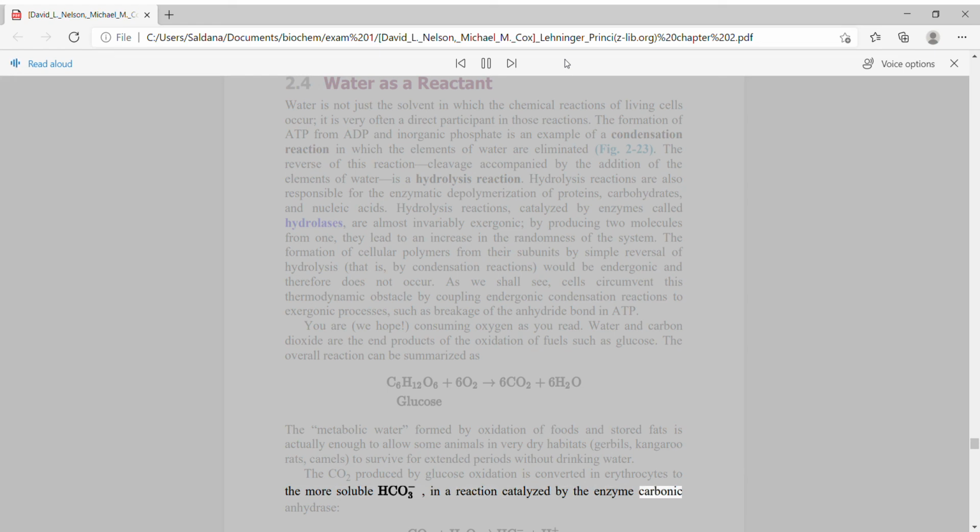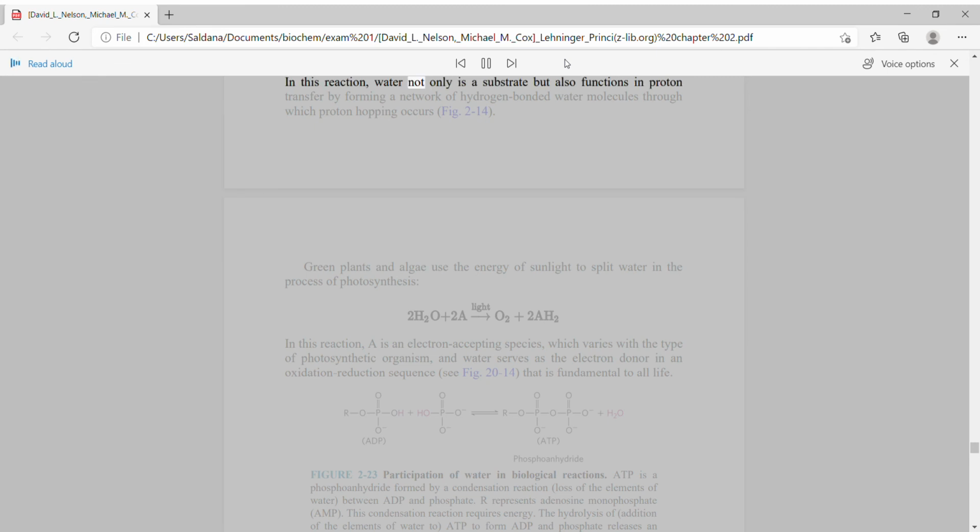In this reaction, water not only is a substrate, but also functions in proton transfer by forming a network of hydrogen-bonded water molecules through which proton hopping occurs, Fig. 2-14. Green plants and algae use the energy of sunlight to split water in the process of photosynthesis.